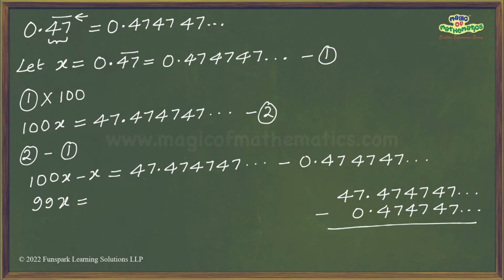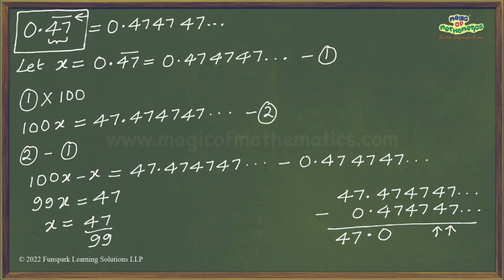Now the digits after the decimal point are nicely lined up, and on subtraction we'll end up with zeros after the decimal point, and before the decimal point we have 47 minus 0, which gives us 47, and hence 99x equals 47, and so x equals 47 over 99, which means the equivalent fractional representation of the decimal 0.47 recurring is 47 over 99.